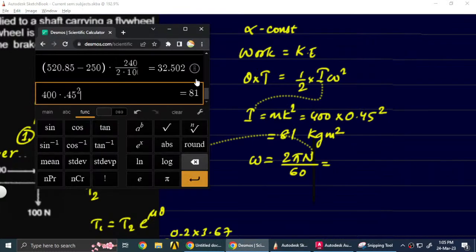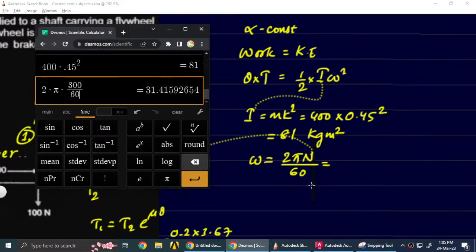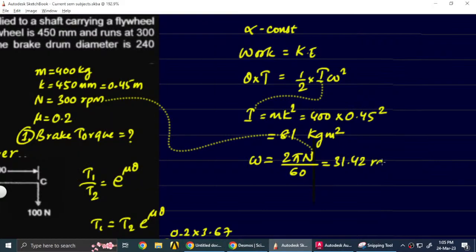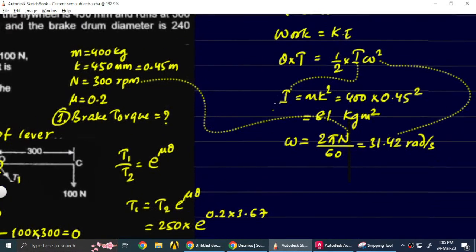So the n value is 300. So 2 into pi into 300 by 60. That gives us 31.42 radians per second. So this value again we need to substitute over here. And then the torque value we found, how much? Yeah, 32.5.